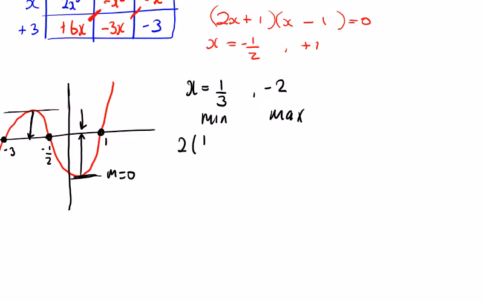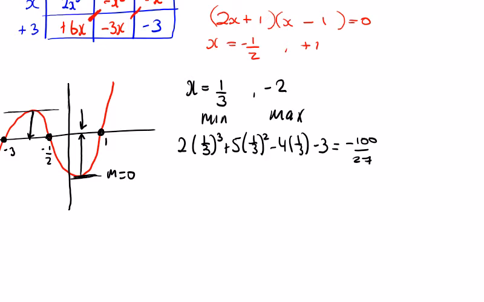2x cubed plus 5x squared minus 4x minus 3, and that's going to give me, if I put a third in, minus 100 over 27 on a calculator. We could write that as a decimal, but let's leave it as a fraction.